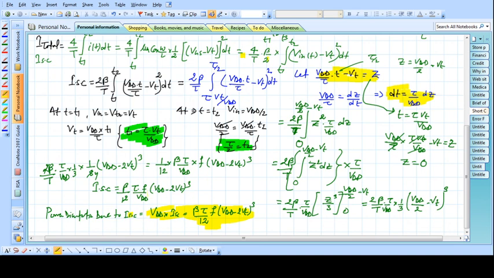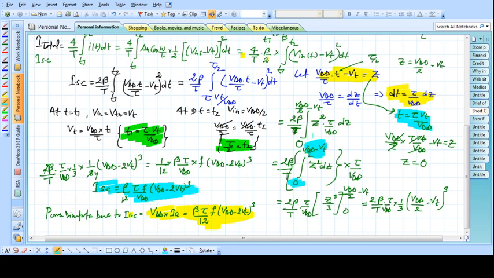So we have derived the value of power dissipation and also the saturation current, and by using a simple integration method we have changed the limit from VDD by 2 minus vt.